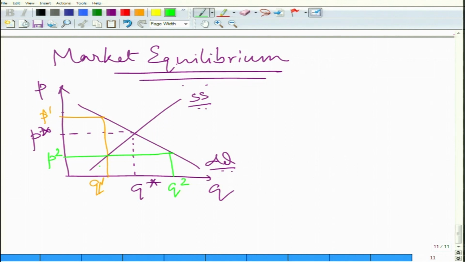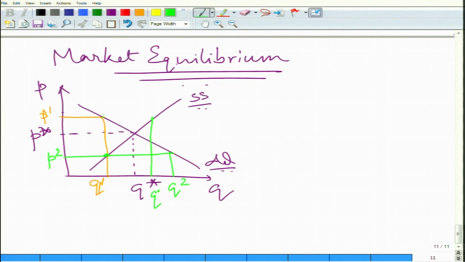But it is very low for him. So he says at price P2, I can only give you Q1 amount. But if you can pay me P1, I can give you this amount. Yes. So you end up in a bargaining.